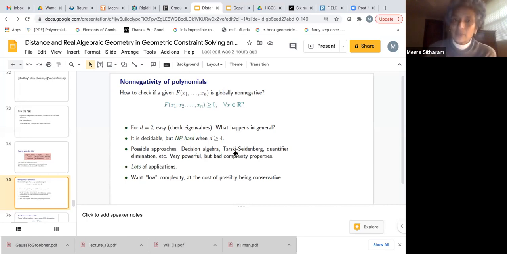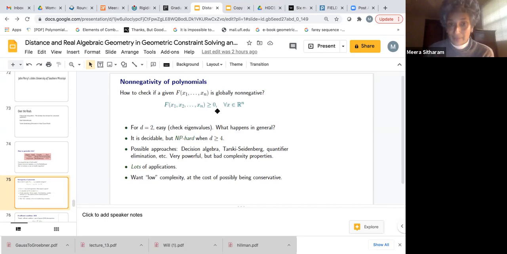So checking inequalities is fundamental and almost equivalent when you want to find real solutions. Whether you're finding real solutions or dealing with polynomial equalities and inequalities, the complexity is more or less the same.